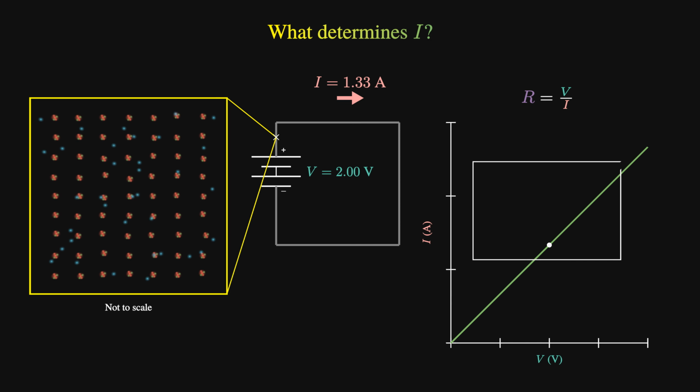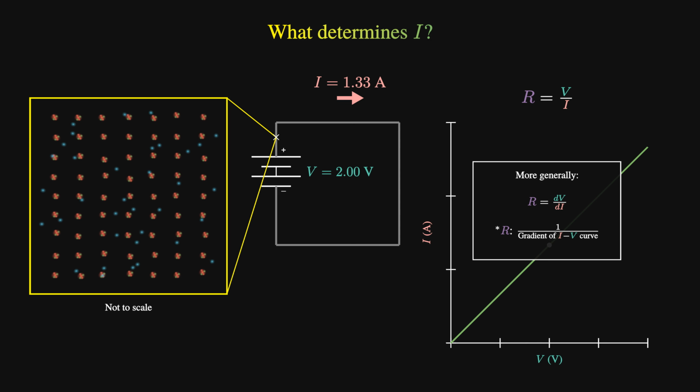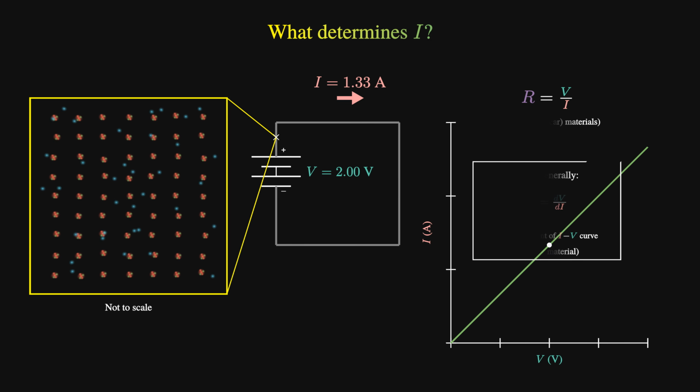I should note briefly that the most accurate formula for the resistance is actually the derivative form, R equals dV by dI. In some more advanced circuits, we will see nonlinear IV curves, and in this case, the total circuit resistance is simply the gradient of this curve. So the resistance is V over I for ohmic materials, and dV by dI for non-ohmic materials.